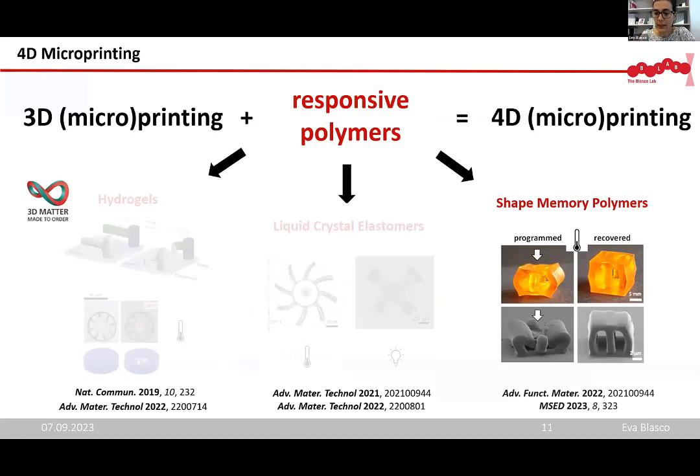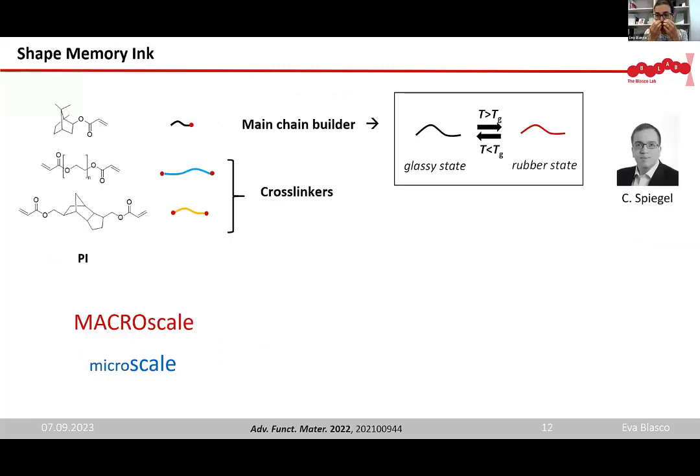So the next example that I have here for today is shape memory polymers. We have heard already, or we have seen, some examples of shape memory. Here what we did with Christoph was to try to learn more about the design of materials for light-based 3D printing, and we had the target to find one system that is very versatile, that we can use for macro-scale printing using DLP and also for micro-scale.